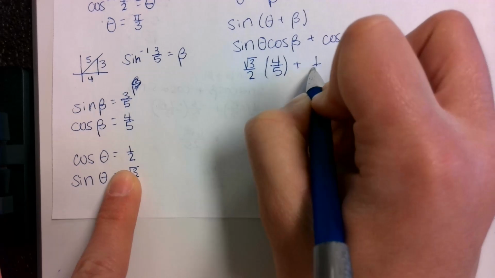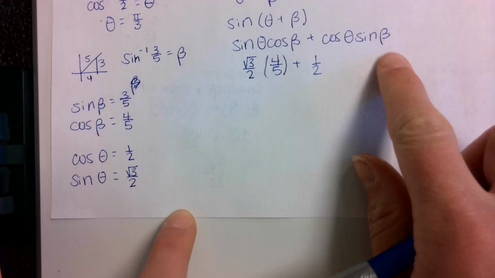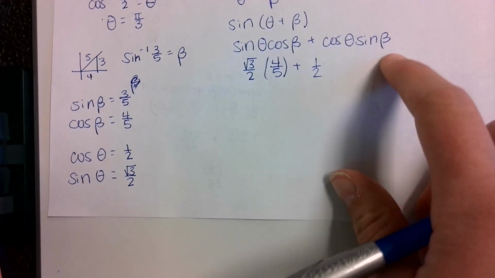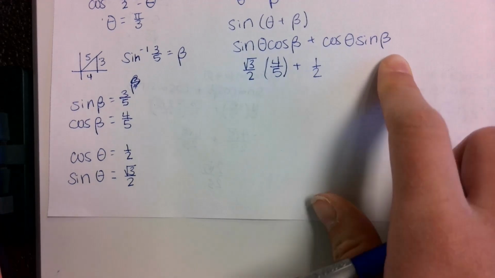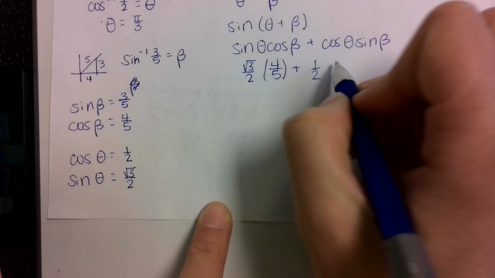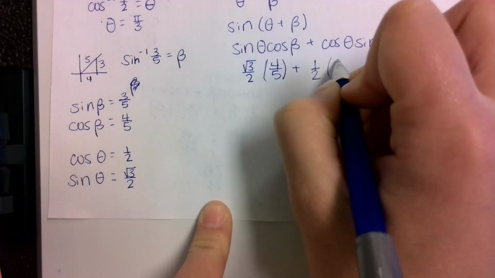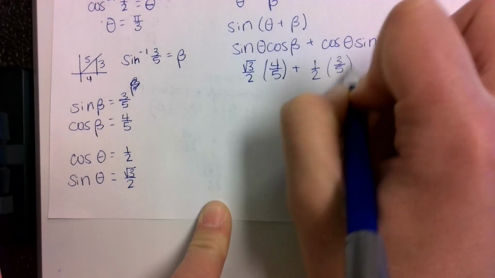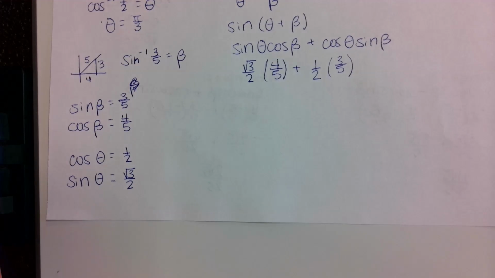And then what about the sine of that one? It looks like half a butterfly to me. So then we'll just multiply, so we'll have 4 root 3 over 10.